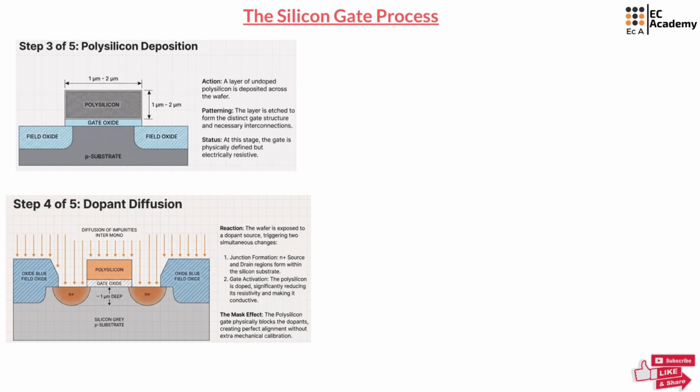The second thing is, it dopes the polysilicon gate to reduce the electrical resistivity of the polysilicon. In this step, the polysilicon acts just like a mask. Since it is acting as a mask, it does not allow the source and drain to extend below the gate region. This process is known as self-aligned, which I have told you at the beginning of the discussion.